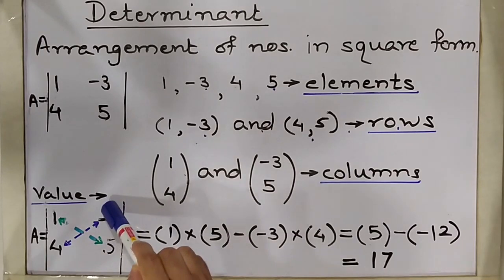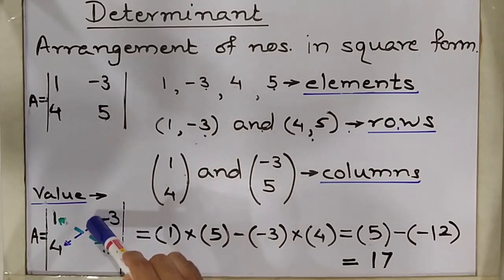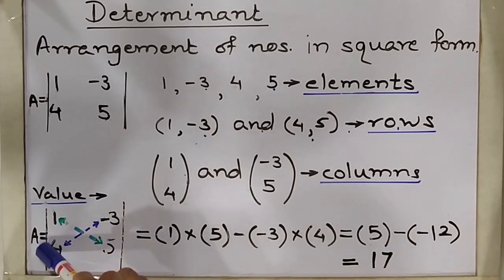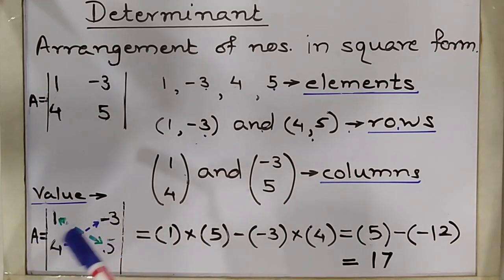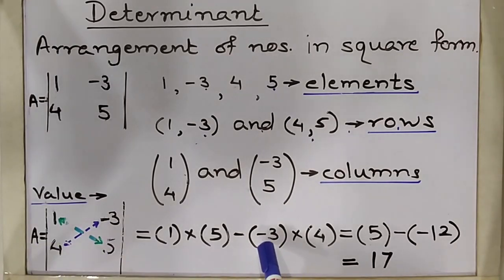Now the second element is minus 3, and you can see that 4 is the element which is diagonally opposite to minus 3. So you are going to multiply minus 3 with 4. So this becomes minus 3 multiplied by 4.